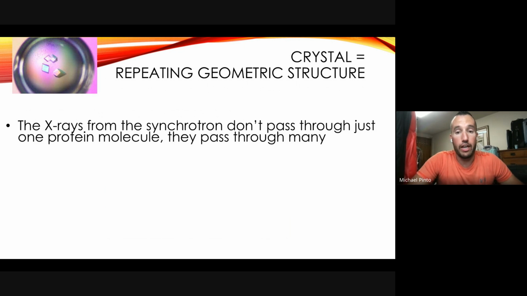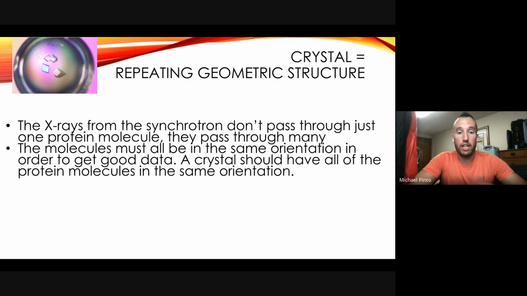In order to get a consistent image of what one individual protein molecule looks like, you need every single protein molecule in that crystal to have the same orientation. So it's important to preserve that crystal and have all the protein molecules locked together in the same orientation, in order to get good data.